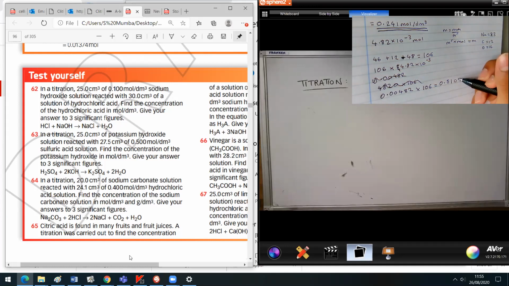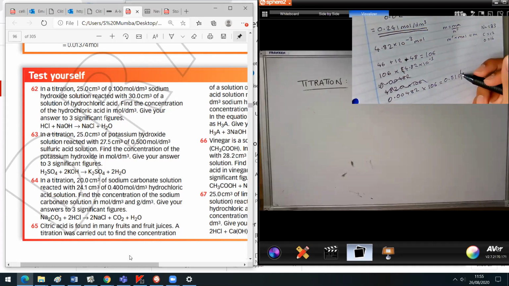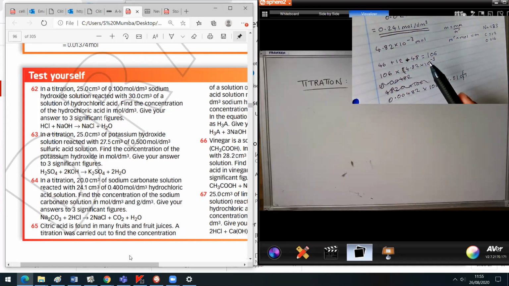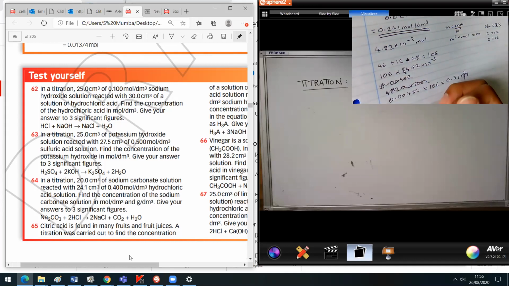0.5109. And now we've got that, we divide it by 0.02.